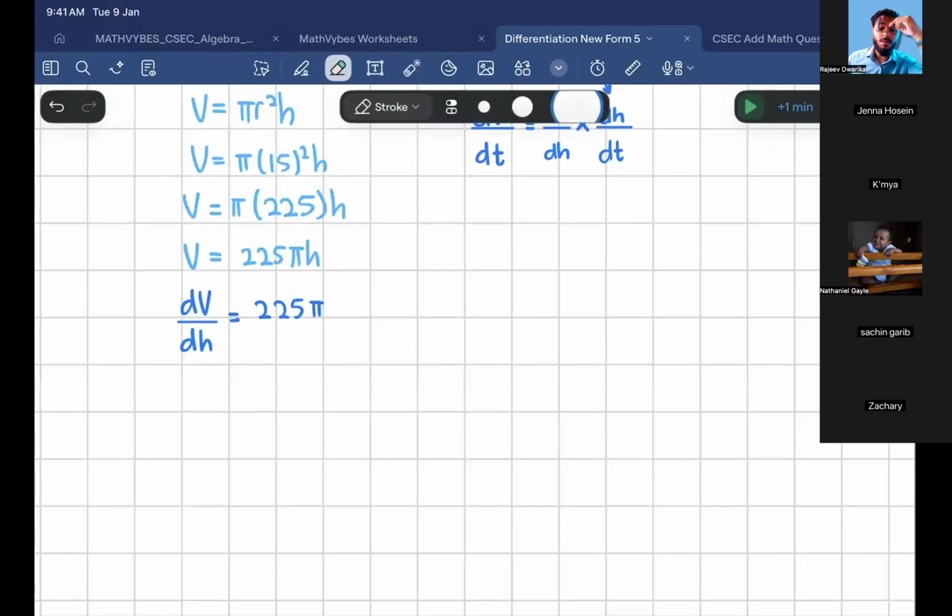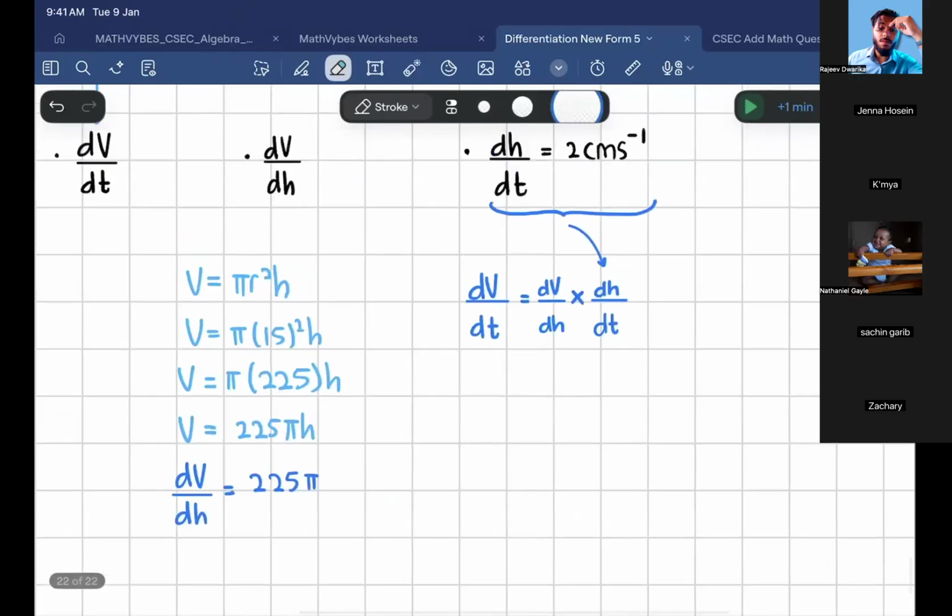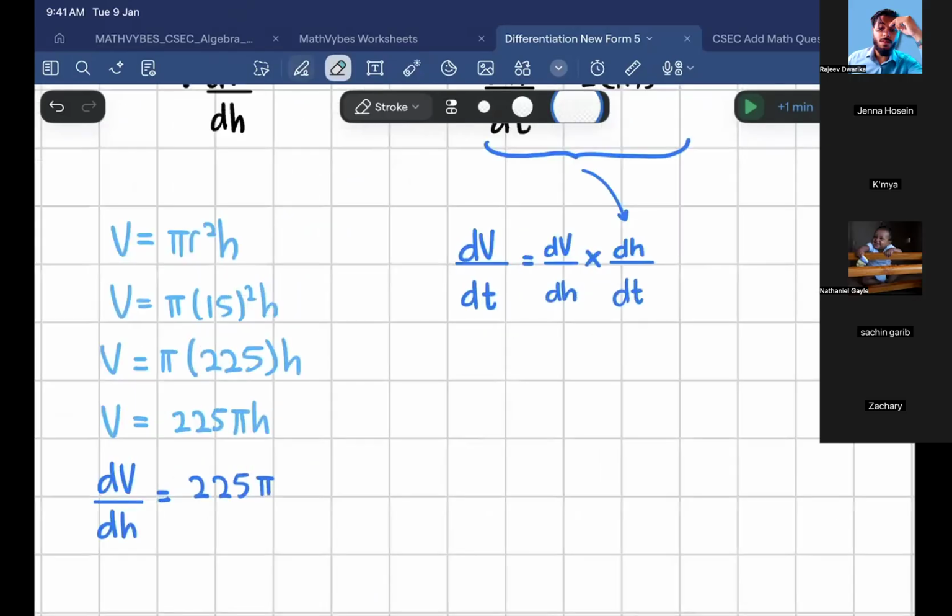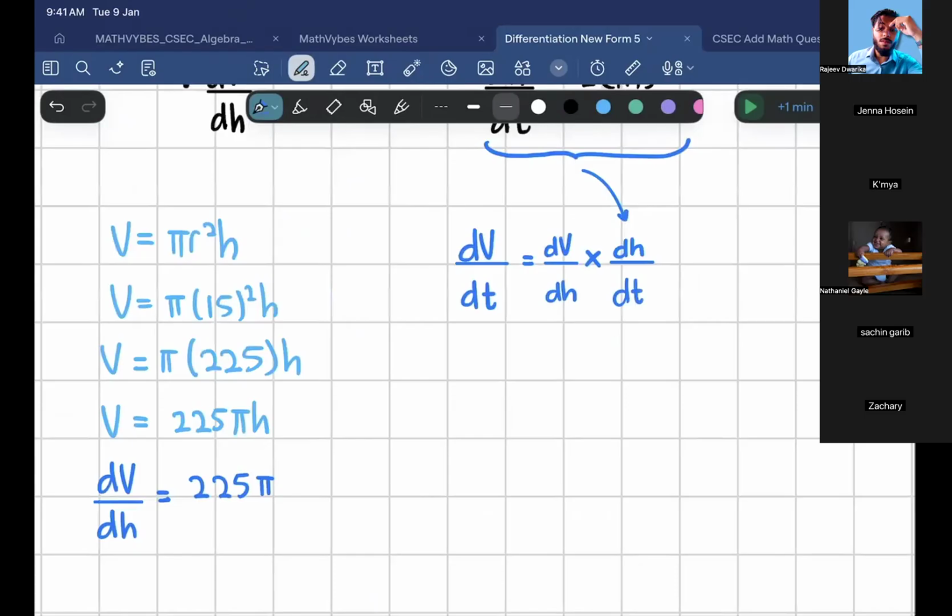Nice. So we have the dV/dH. I have all of the pieces of the puzzle now, so it's really simple. Jenna, what's the dV/dH? The change in volume with respect to height.